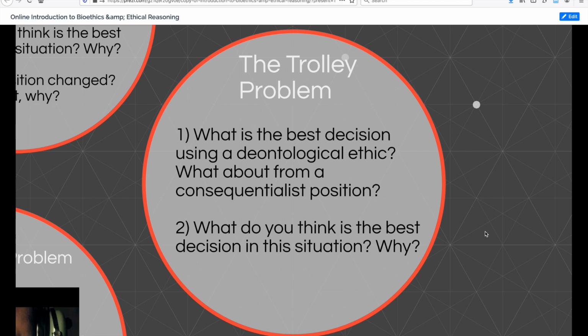What do you think is the best decision, utilizing the deontological ethic and utilizing a consequentialist position? And out of those, which do you think that you should do? Would you pull the lever, or would you let the train barrel down? What do you think is the ethical position here? And I'll be curious to see what you think, and draw from the class material that we discussed today.